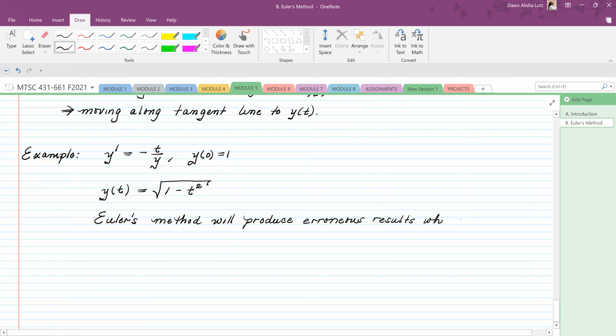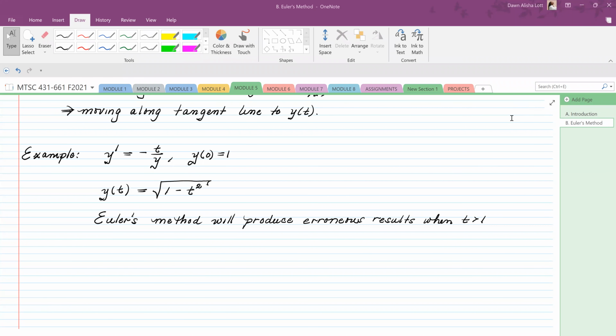Okay, hang on one second. I'm getting an error. Okay, so clearly when t gets to 1, this differential equation doesn't even have a solution after t is equal to 1. So Euler's method is going to produce something that doesn't make any sense.